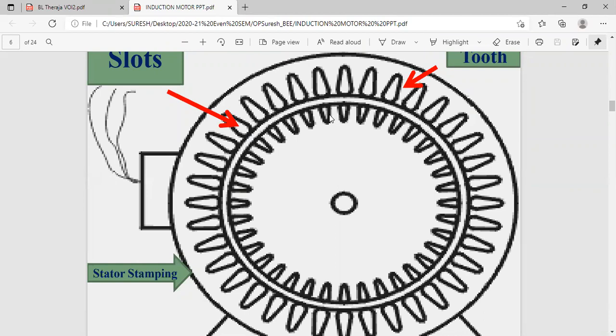This is the teeth of the rotor. Inside is the rotor, the rotating part. Outside is the stator. In the stator teeth, they are placing the three-phase coil in star connection. Similarly, the rotor is also connected three-phase. These slots are the teeth of the rotor. Outer one is the teeth of the stator. Inner one is the teeth of the rotor.